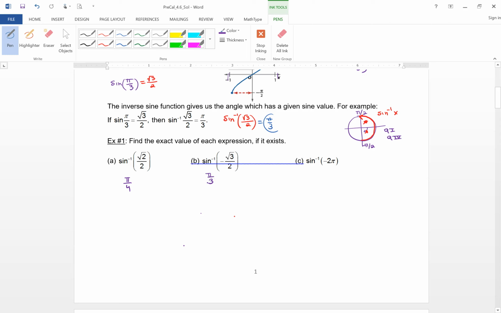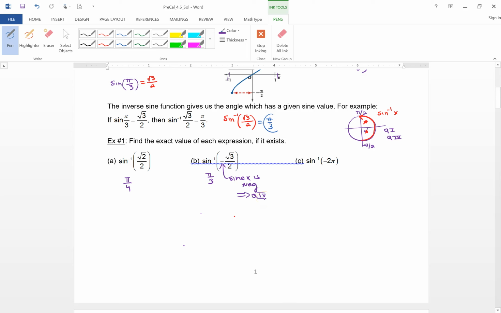However, it tells you here that the sine is negative. In which quadrant between 1 and 4 is sine of x negative? 4. Quadrant 4. So this must be in quadrant 4.